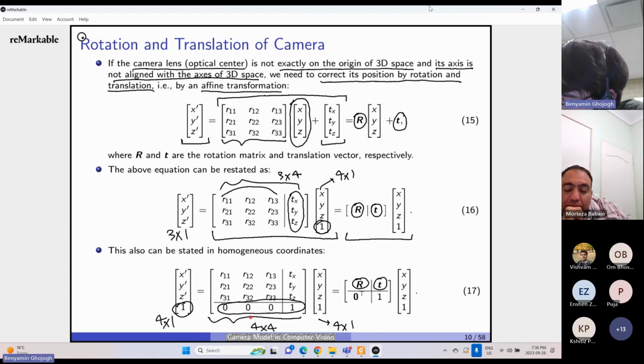I have 0 vector transpose. Why does it, as you see, it's bold 0. It means the 0 vector, the vector of 0s. And it's transpose because usually in science, when we say vector, we consider vectors as column vectors. Okay, and this is a row vector, so we say 0 transpose. And this is a scalar 1, right? And I repeat this too. Agreed so far?